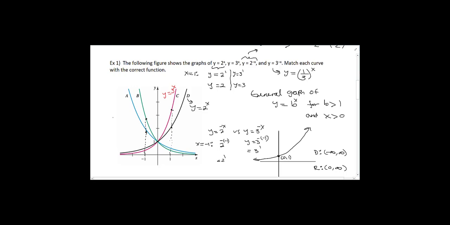So that means that B is going to be y equals (1/3)^x or 3 to the negative x. And A is going to be y equals 2 to the negative x or (1/2)^x. And again, that's just by doing properties of exponents.